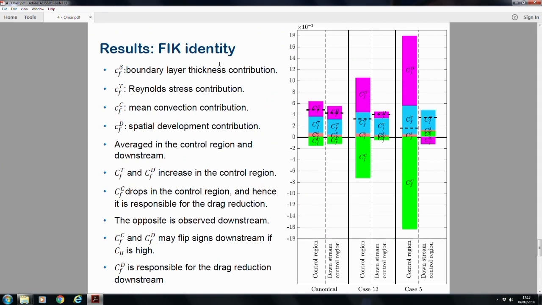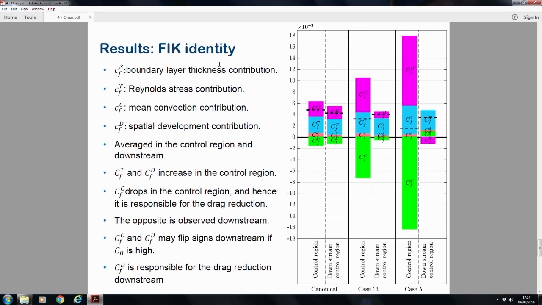But to counteract this effect, the mean convection contribution reduced significantly to achieve drag reduction. But downstream, we find completely the opposite effect, where the mean convection contribution increases, but the spatial development contribution reduced.